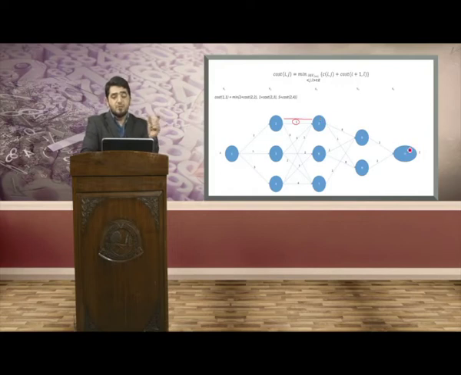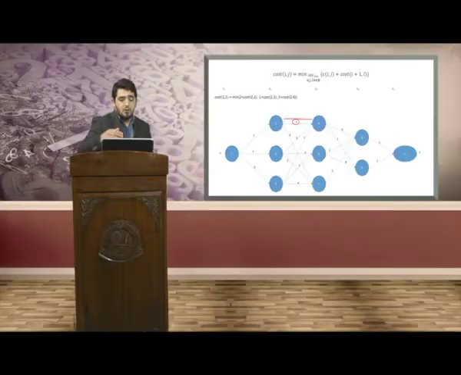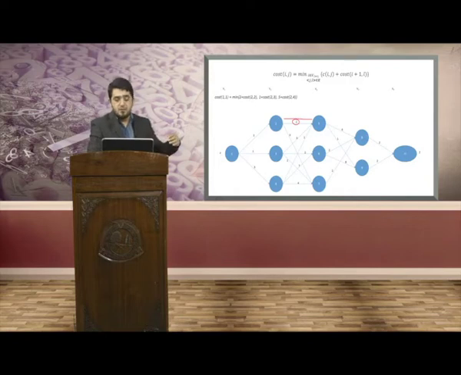So it will be the minimum of this 2 to 5 and 2 to 7 because there are only 2 edges from 2 to the next stage. So this is how our recurrence will be created or solved one after another. Now the earlier example that I just showed you would be following the top-down approach.